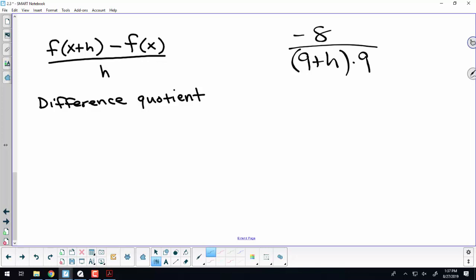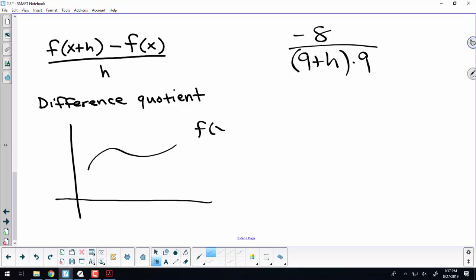A slope, right? It's just the slope between 2 points. So this is kind of how it's structured. You said, all right, well, here's f of x, here's an x value, and here's an x plus h value. And so what is f of x? Well, I know it's right here. What is f of x plus h? It's right here. I put those two close together.